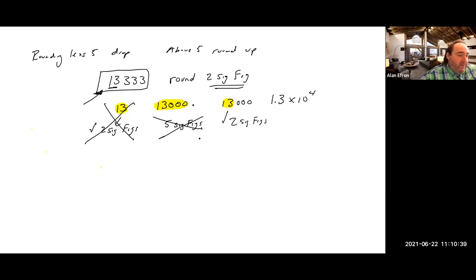And now if I owed you $13,333 and I gave you $13,000, you probably would be okay with it-ish. Give me the $333 teacher discount, it basically means the same thing, right? So the meaning here is the same, which means this is an appropriate way to round that number to two significant figures without changing the meaning of that number.